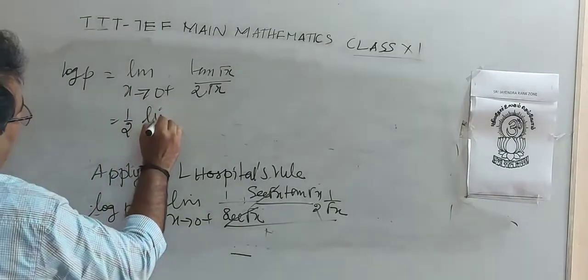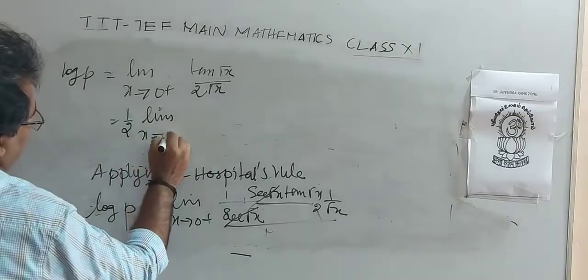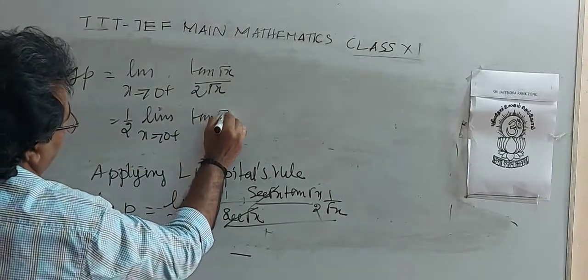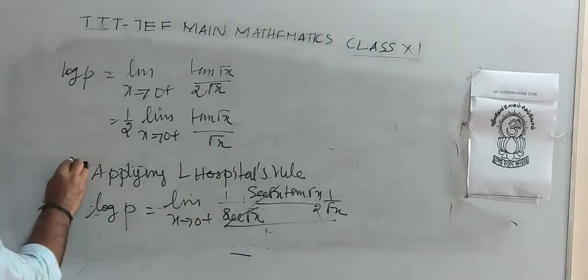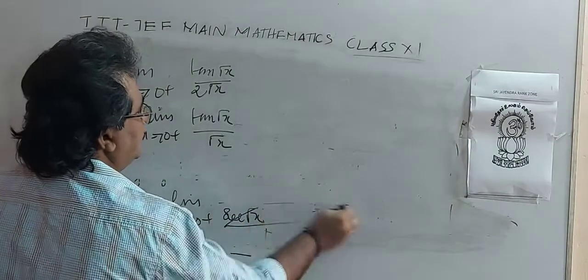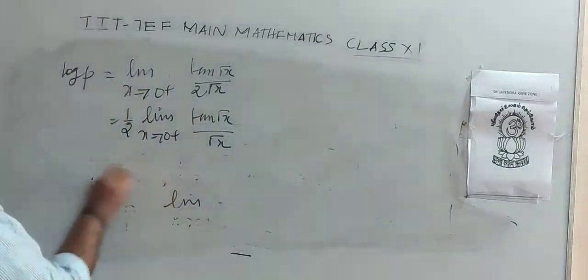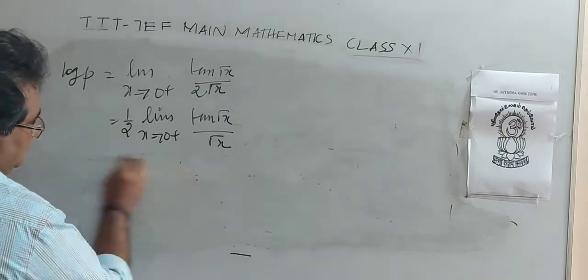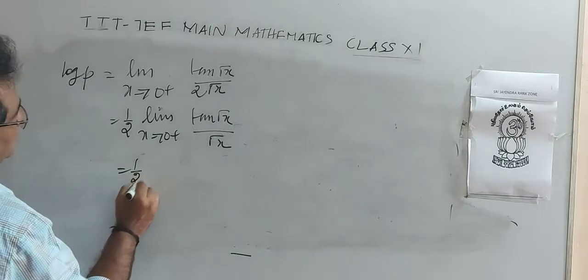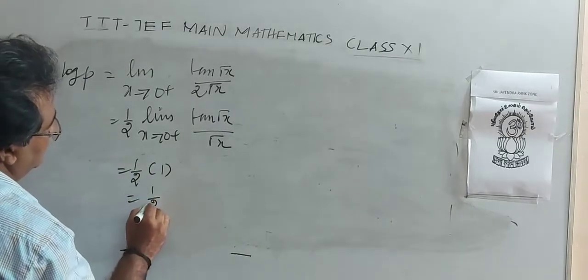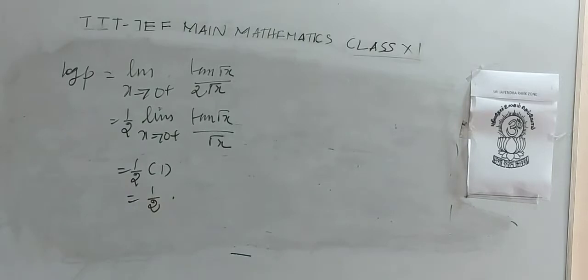So 1 by 2 tan root x by root x, which is 1 by 2 into 1, answer 1 by 2.